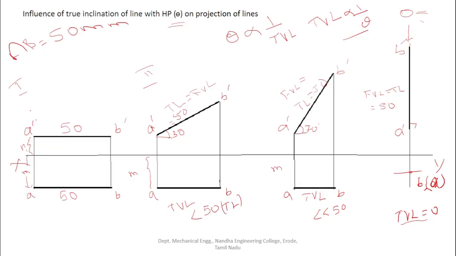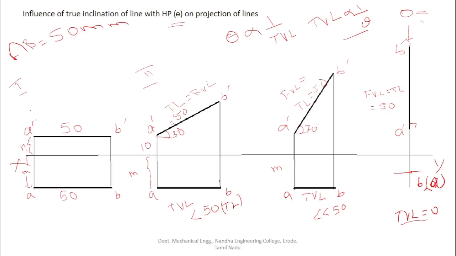Okay. The next one is, here we are going to use the rotating line method only. We are going to fix one end, and rotate the other end till it satisfies the given question. For example, the line makes 30 degree to the HP, and the point A is for example 10 mm above HP.